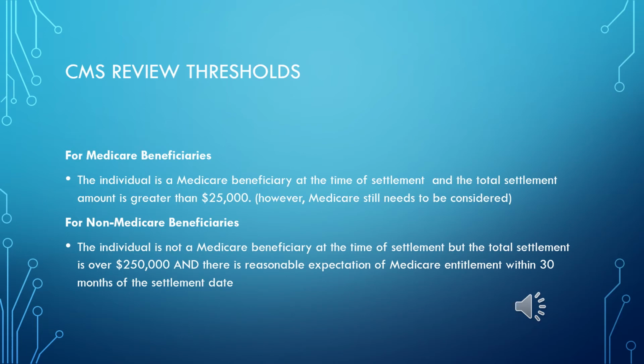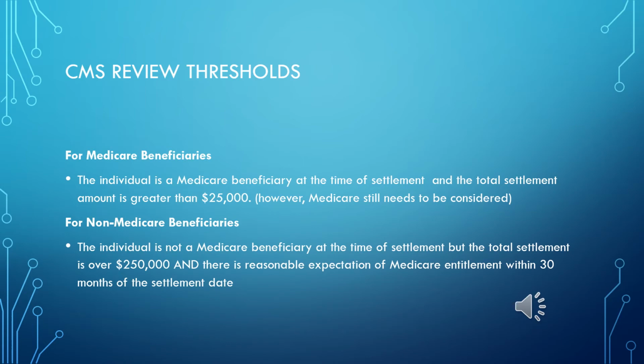So what I'm saying to you is that once you reach a point of settlement and you find that your injured employee is a Medicare beneficiary, and that case will be settling for more than $25,000, then a Medicare Set Aside arrangement will be necessary. Okay.